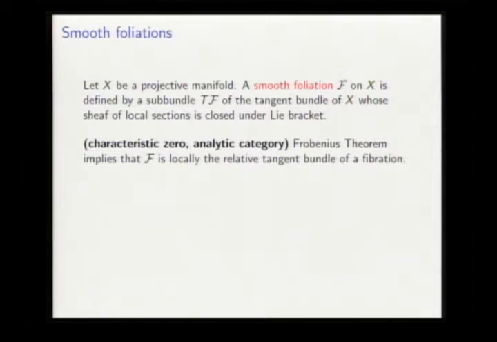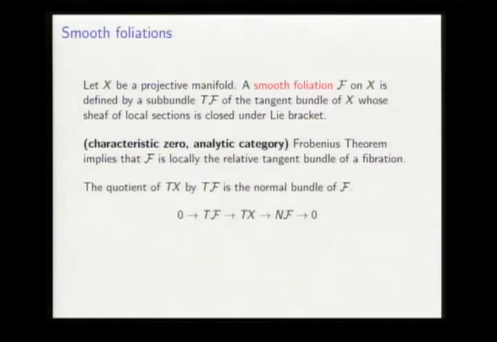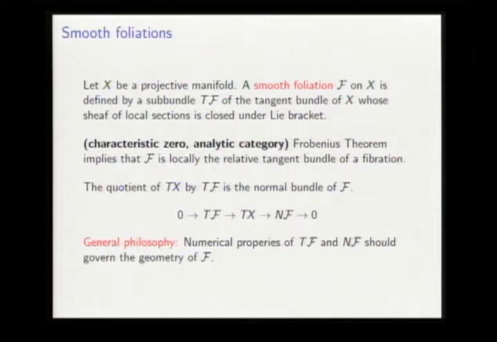So if we are in characteristic 0, then there is the classical Frobenius theorem that says that F is locally the relative tangent bundle of a fibration. This gives this picture that locally a foliation is defined by submersions. So we give names to these objects. This tangent bundle is TF, and we call the quotient NF the normal bundle of the foliation.